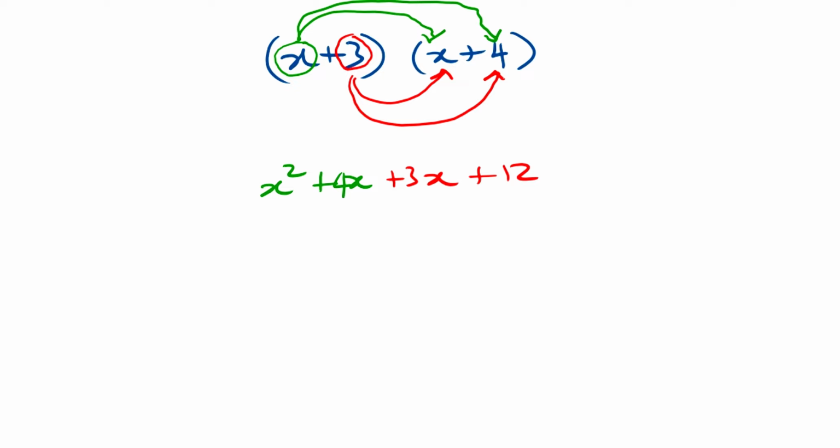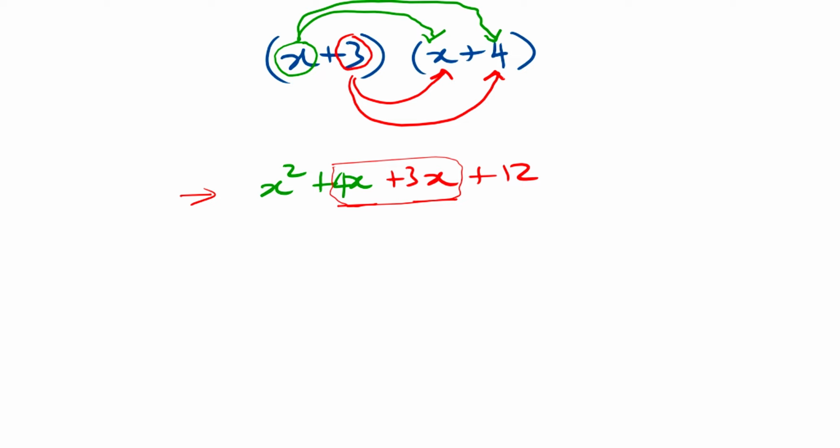And now that we have this, remember our skill of simplification. These are like terms, they all have a common variable. So we can simplify that and make the whole expression more concise.